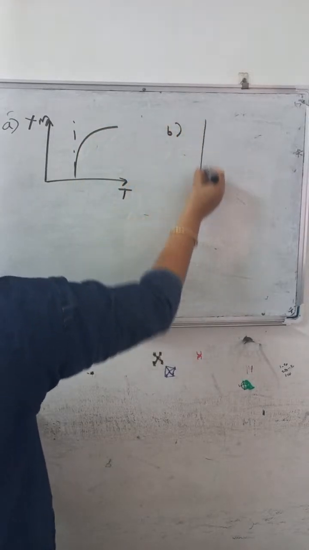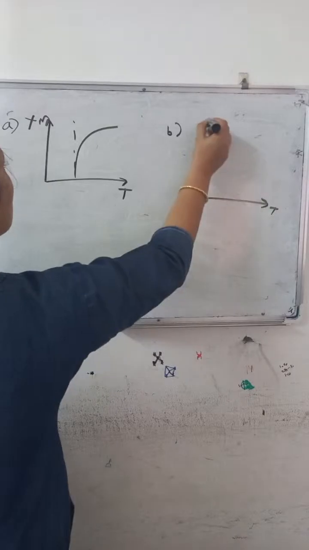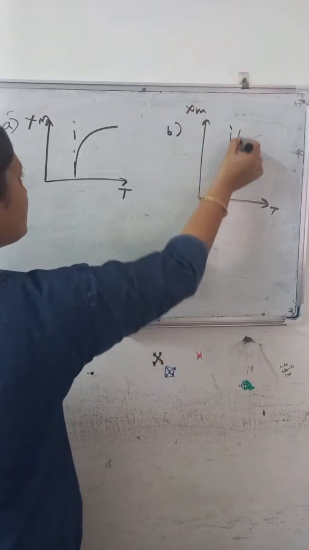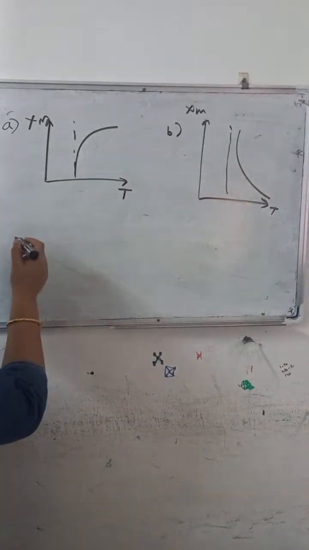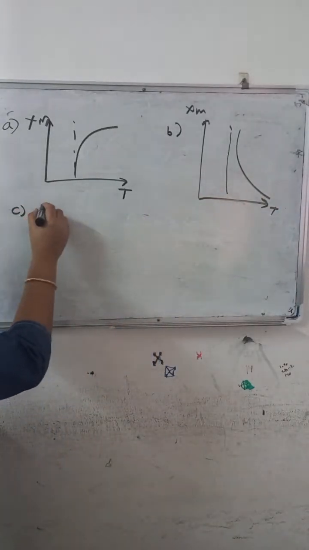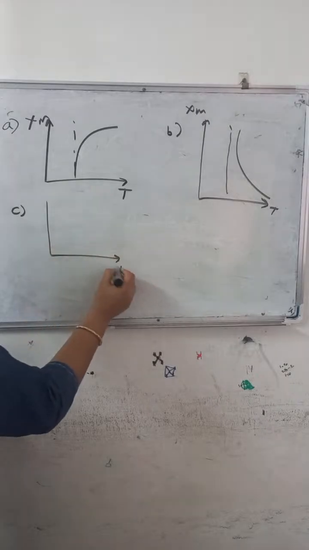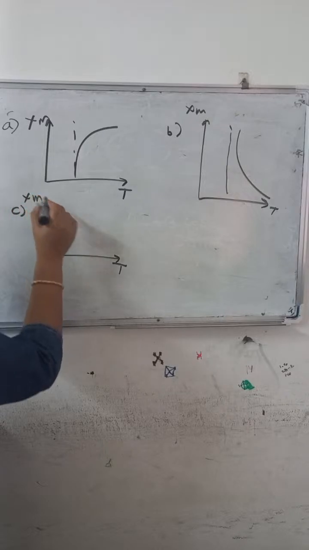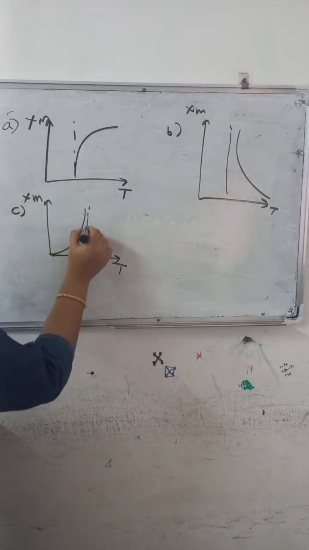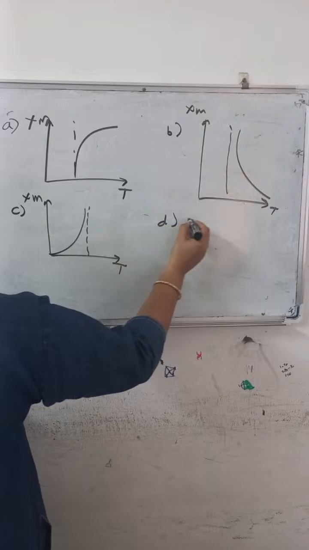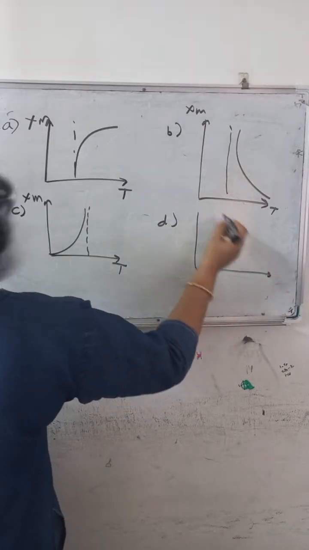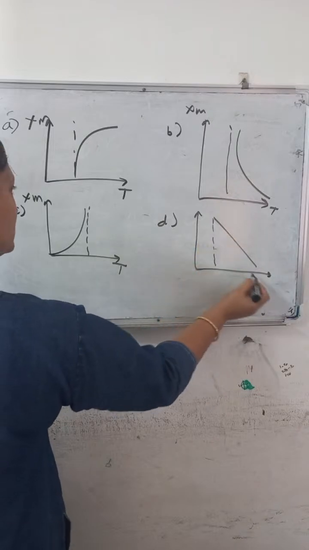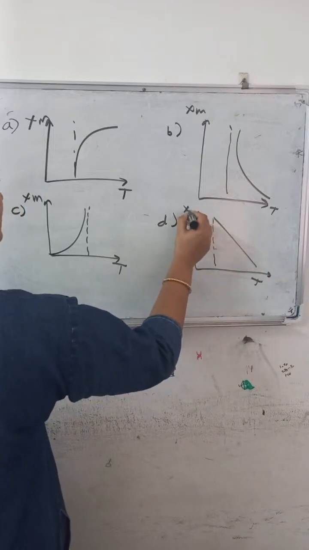In B, we have temperature and this is susceptibility of the material, and this decreases. In C, again temperature, and here we have susceptibility of the material and this increases, and D option we have like this. Okay, so this is T, and this is X.